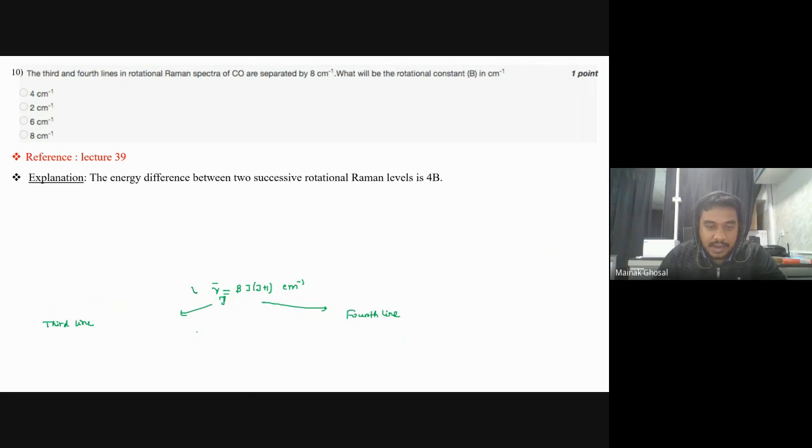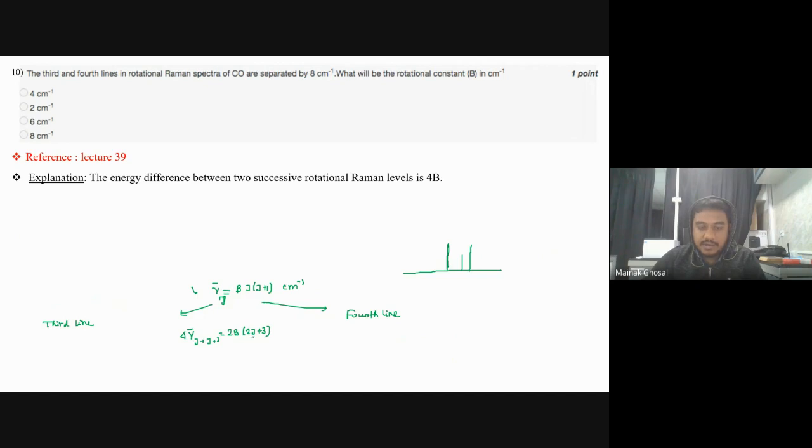It was observed that the delta nu bar for the transition from J to J plus 2 was given by the expression 2B into 2J plus 3. And putting the values of J, the first value appeared as 6B. If this is the incident radiation, this is 6B, this is 10B. If you put the J values, you will get this answer.